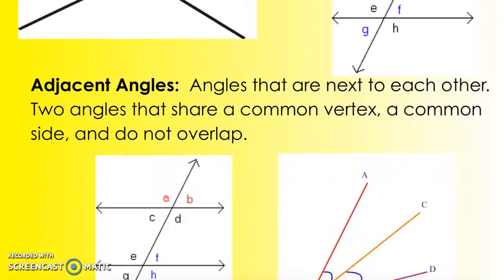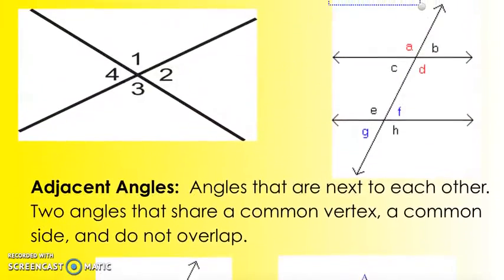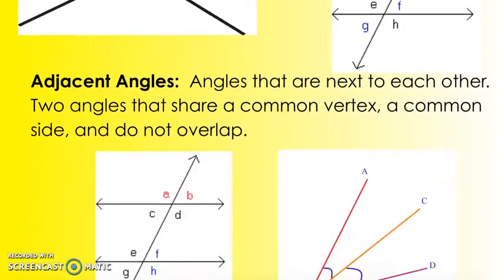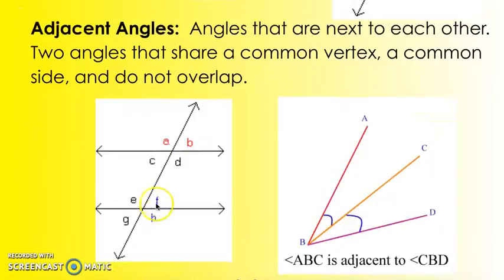And then adjacent angles are angles that are next to each other. So like F and G are vertical, but adjacent are ones that are right next to each other, like F and H, A and B. They are next to each other and they are not equal. They can be.